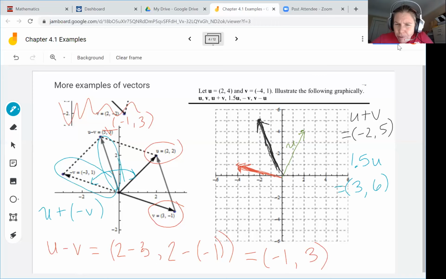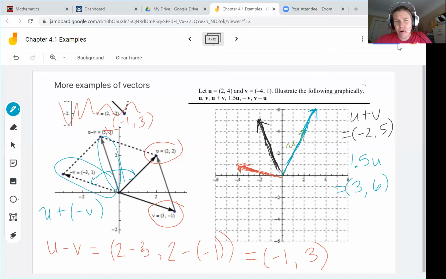So we just put our terminal point here at 3, 6. And you can see it lies on the same straight line as vector u. Anytime you multiply by a scalar, it's just like you're stretching your vector, so the angle doesn't change. It just extends along the same line.